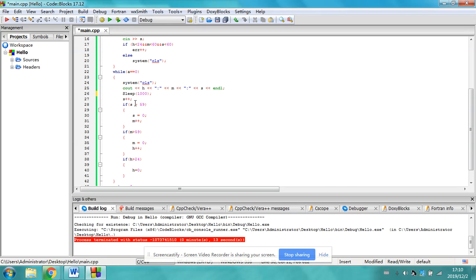So if S is smaller than 59, S will equal 0. Wait, hold on a second. If S is smaller than 6, oh, it's bigger. Why did I read that smaller? Yeah, if S is bigger than 59, because you can't have 60 seconds in a minute, and you can't have the 60th minute in an hour.